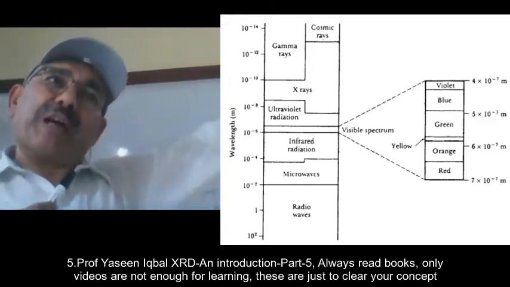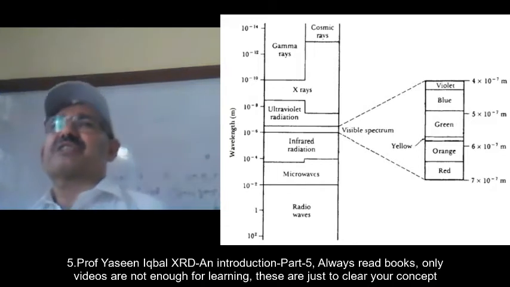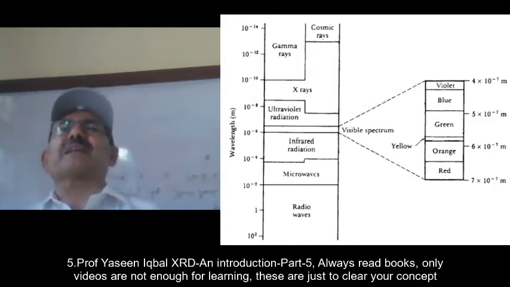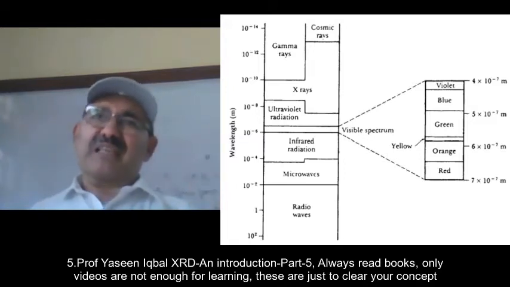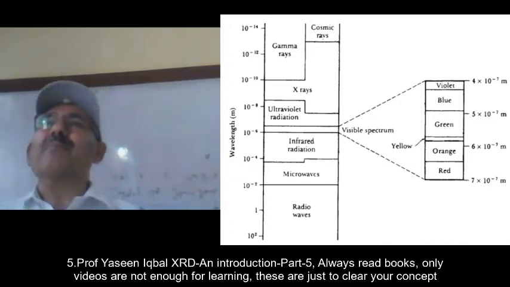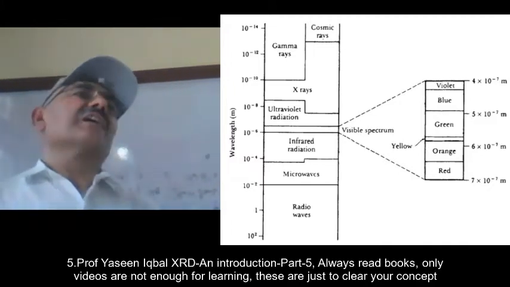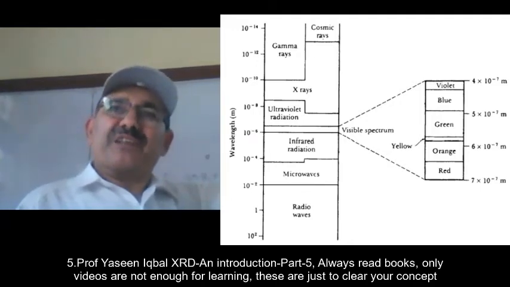So from 1 angstrom to 80 angstrom are the dimensions of most of the crystals. The lattice parameters, the a, b, c of most of the crystals come from 1 angstrom to 80 angstrom.